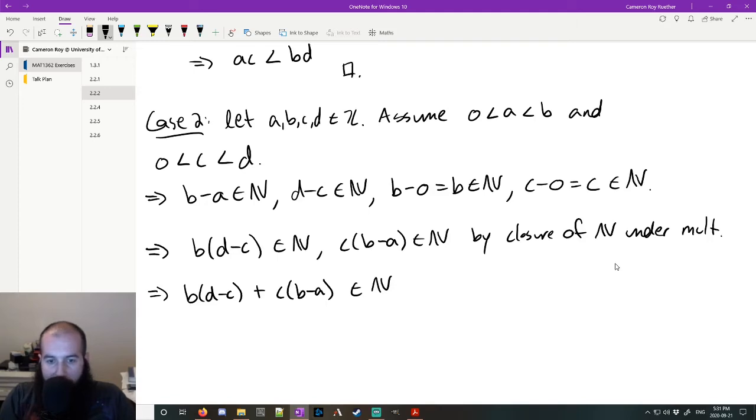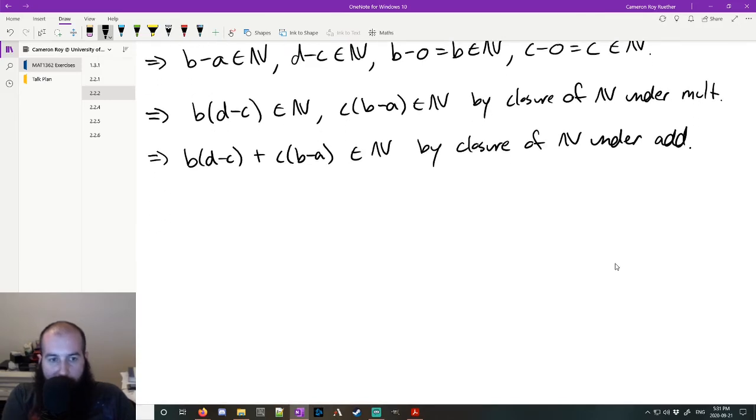And it will still be natural by closure of the natural numbers under addition. And now this we would like to expand and rearrange. So this means that BD minus B times C plus C times B minus C times A is natural.